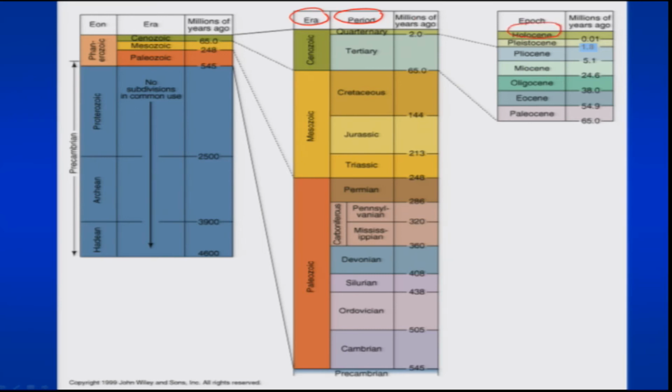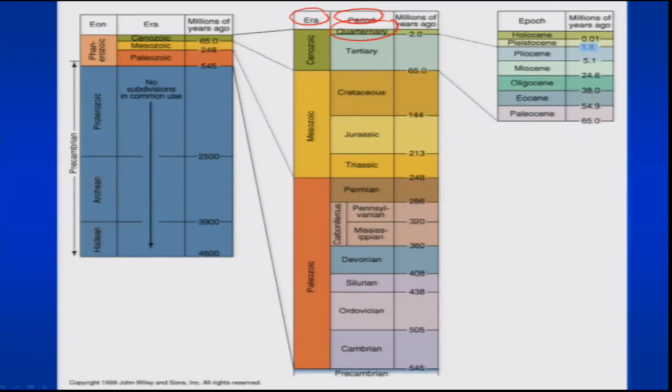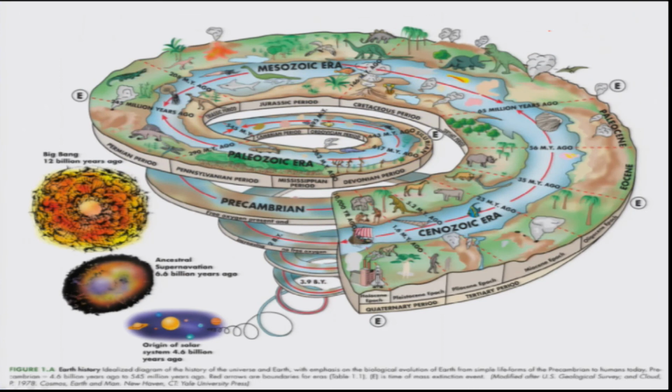And the most recent period in the geological time scale is the Quaternary. This is the most recent period we have, and it is further divided into two, the Pleistocene and the Holocene epoch.